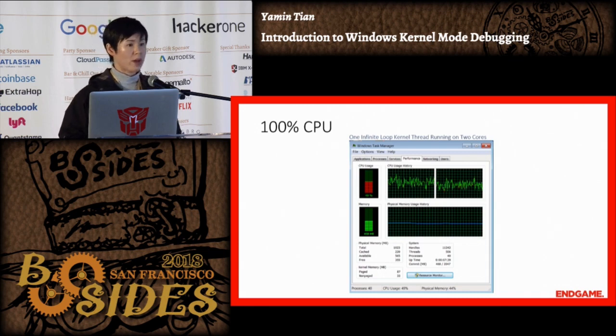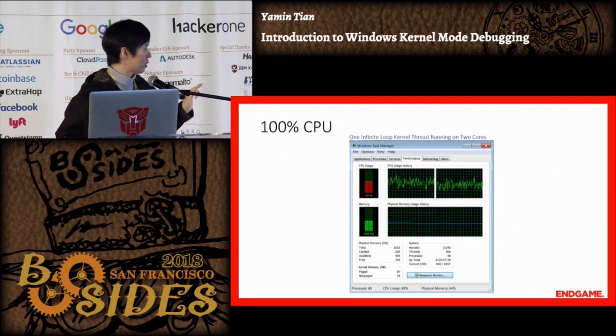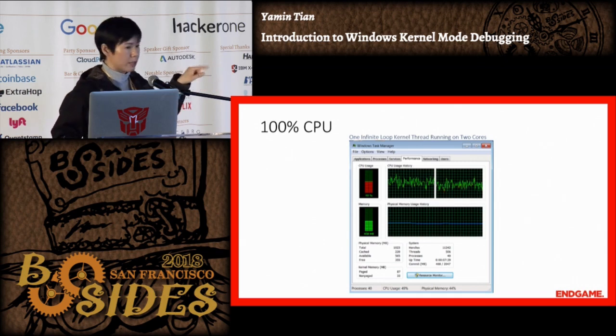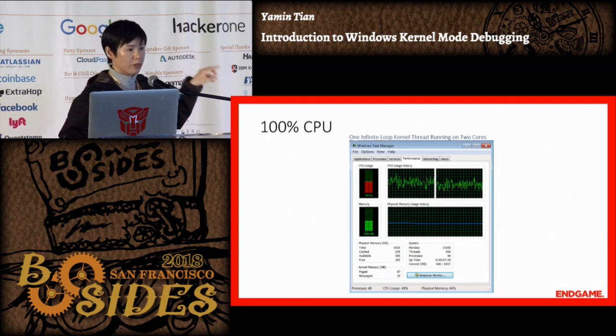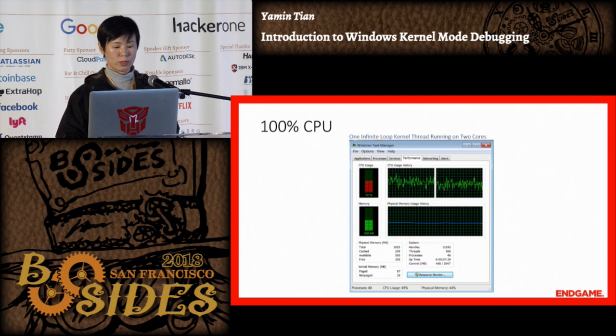The sample code has one thread that's running in a loop, taking 100% CPU usage. But because I only have one thread looping, the CPU usage of that one thread is being distributed onto 2 cores. So on average, you don't see 100%, you only see 50% of CPU usage. So that's a little bit not straightforward.